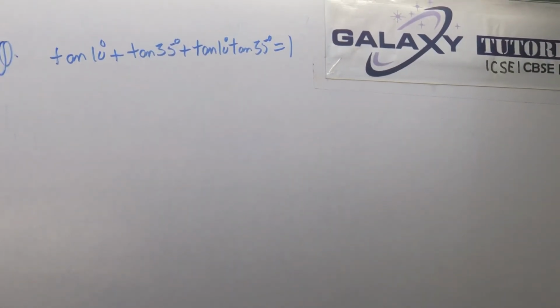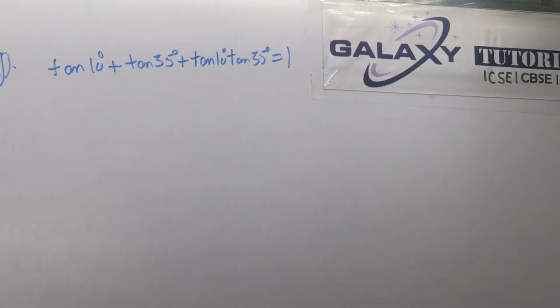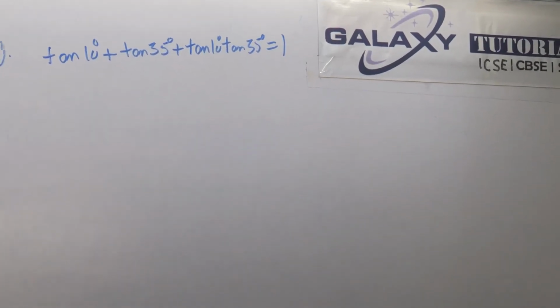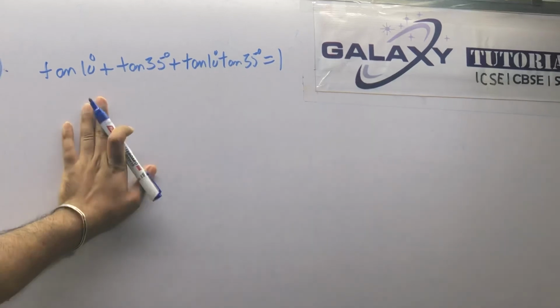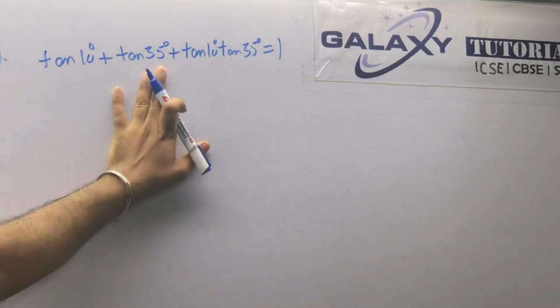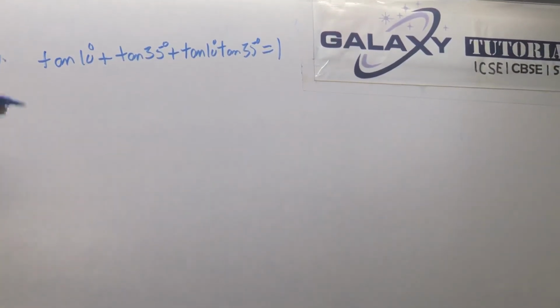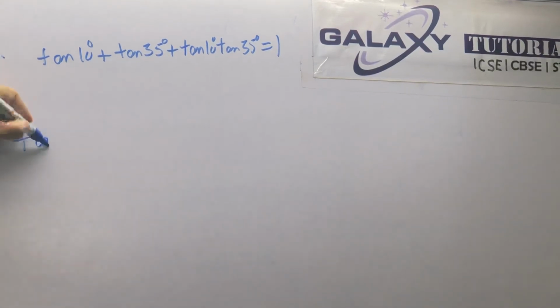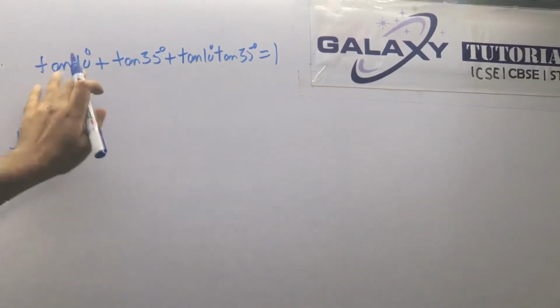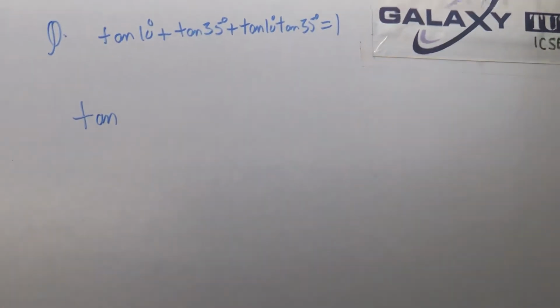This is nothing, I have already told you how you have to solve the tan questions. So you see the angle here is 10 and 35. Just 10 and 35, if you add them, what will they give you?